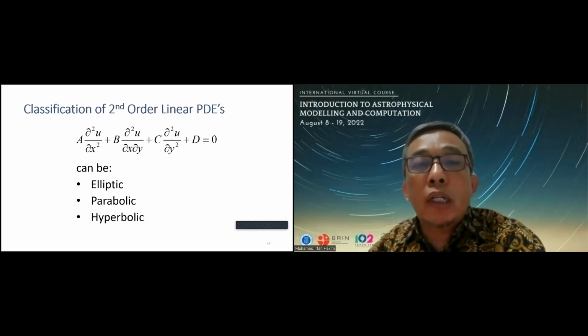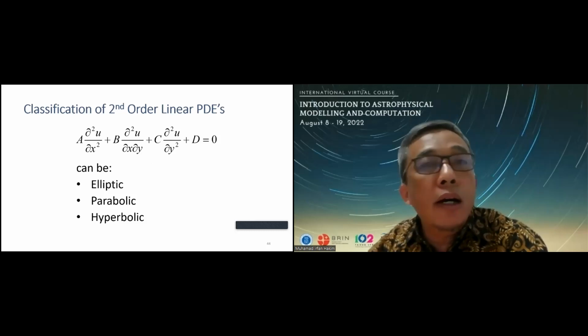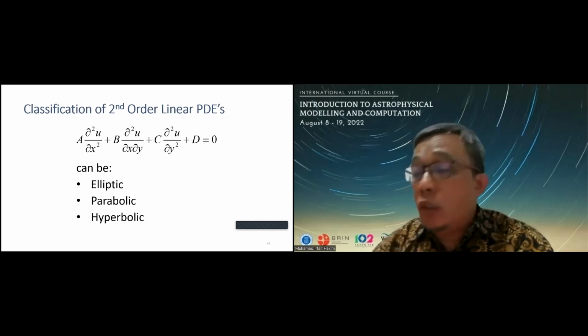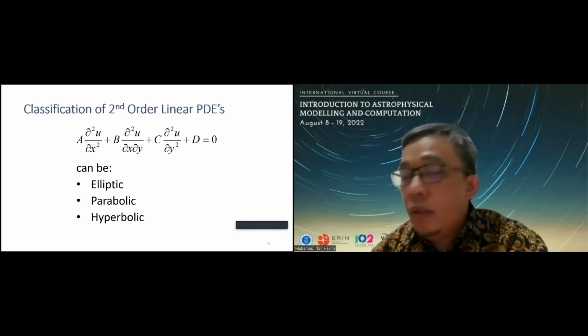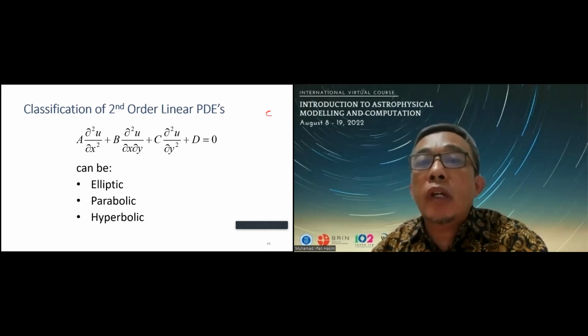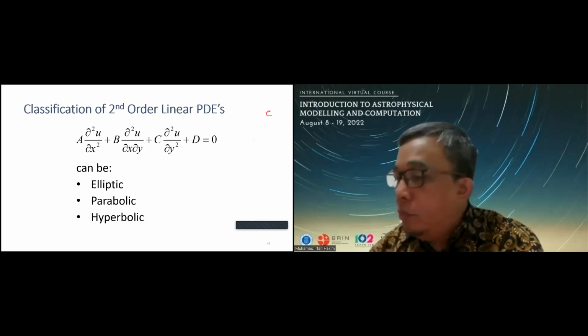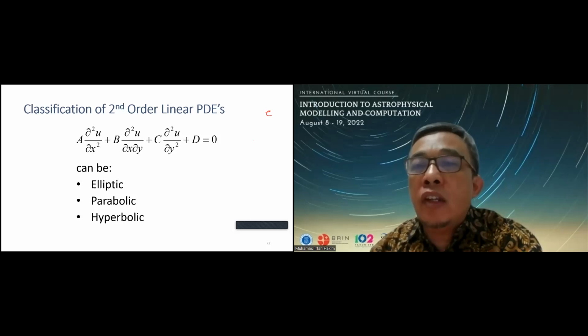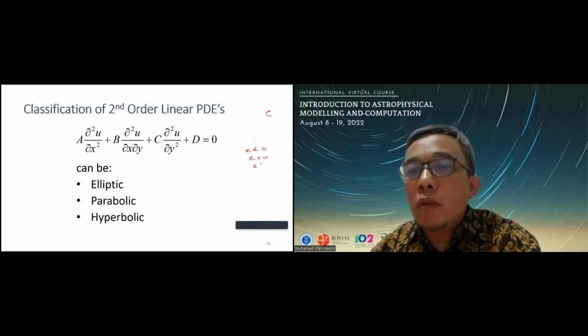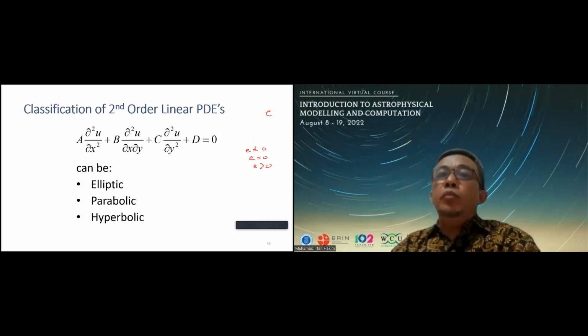If you are an astronomy student or you are familiar with the conic section concept of eccentricity, there are many ranges of eccentricity: E less than 1, for example, E equals 1, or E greater than 1.